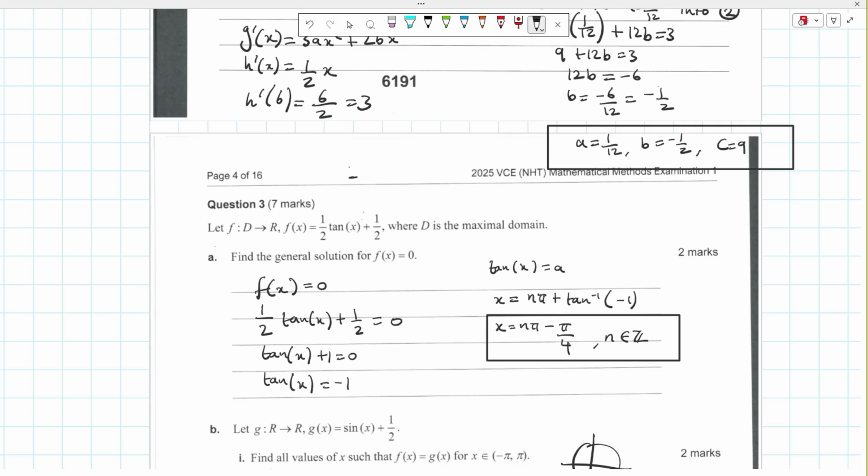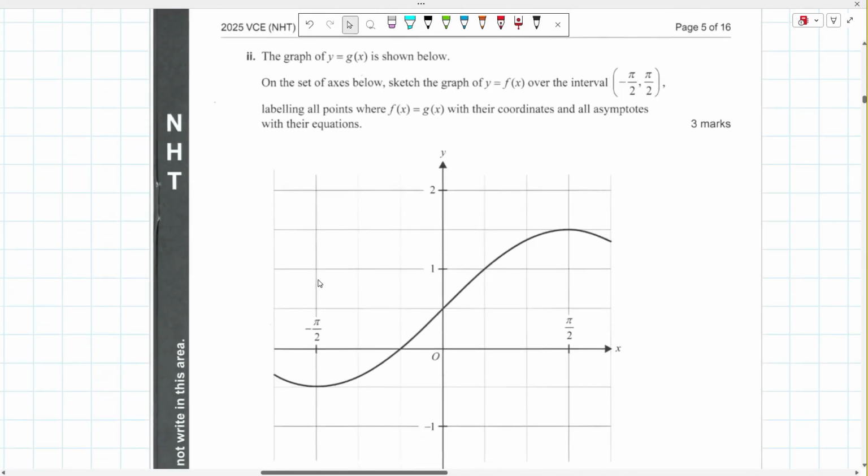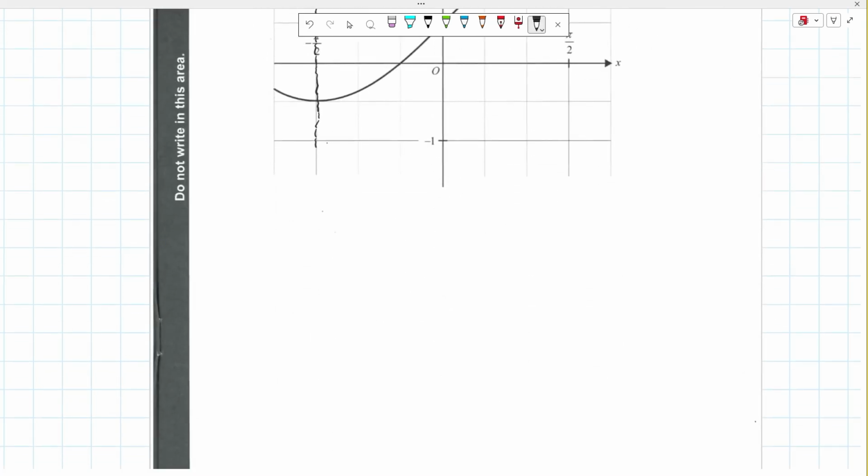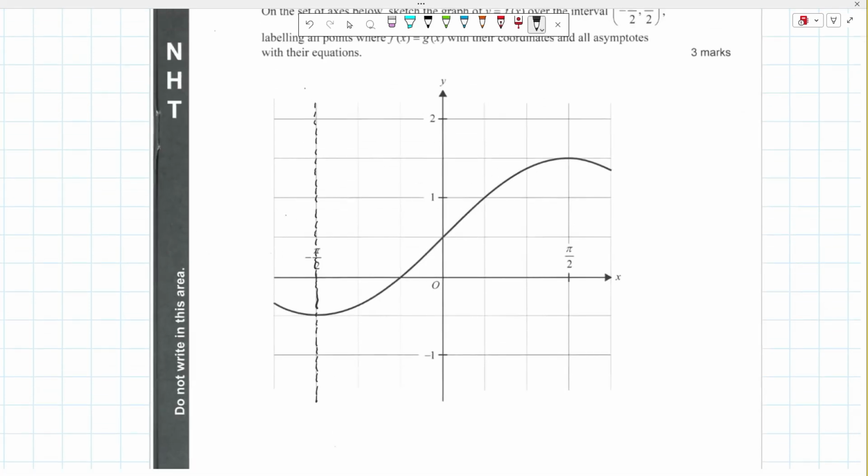So the asymptotes are going to remain at negative pi on 2, and make sure to label these. So x is equal to negative pi on 2 and also x is equal to pi on 2.